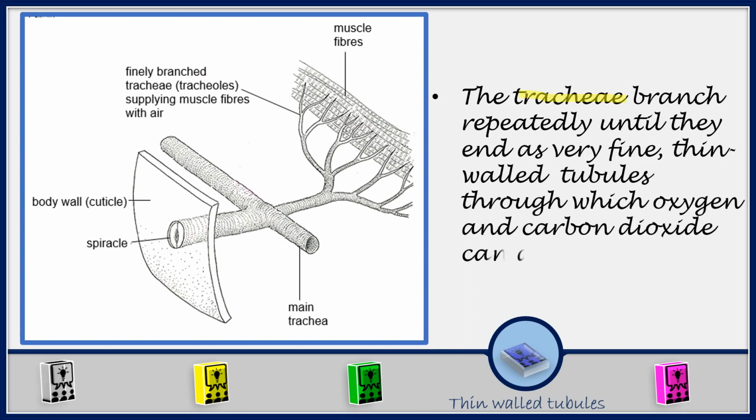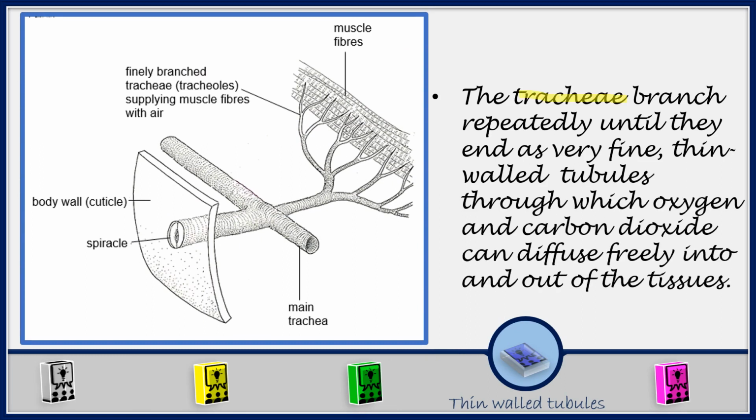The trachea branches repeatedly until it ends up in very fine, thin-walled tubules through which oxygen and carbon dioxide diffuse freely into and out of the tissue. So our oxygen is going to come from outside.